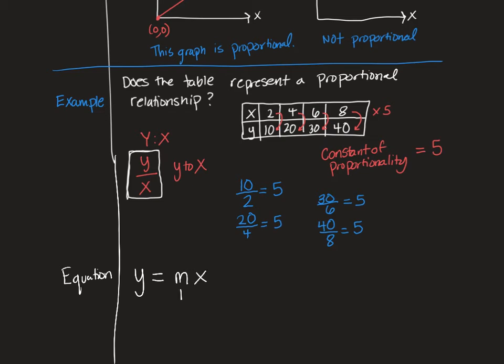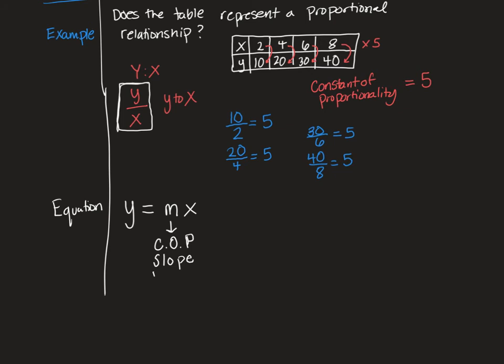And m represents the constant of proportionality, COP, because I don't want to write constant of proportionality again. It is also called slope. And it is also called the unit rate in math. So this letter represents a number that's very significant. We can call it the constant of proportionality, we can call it the slope, we can call it the unit rate.